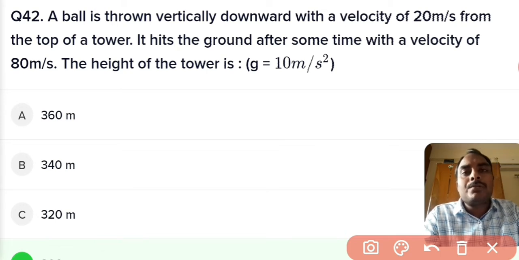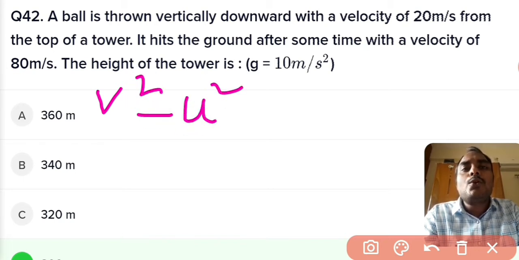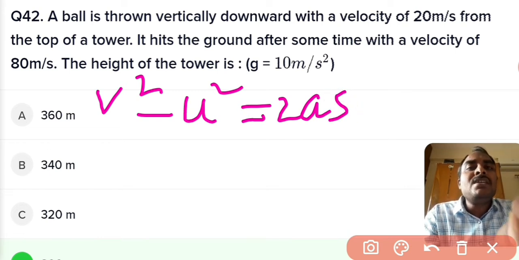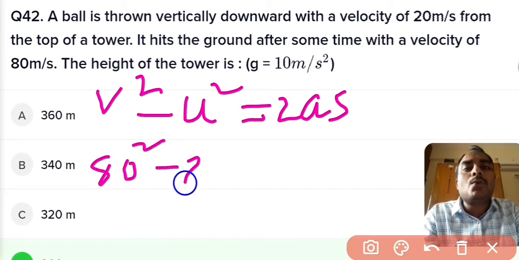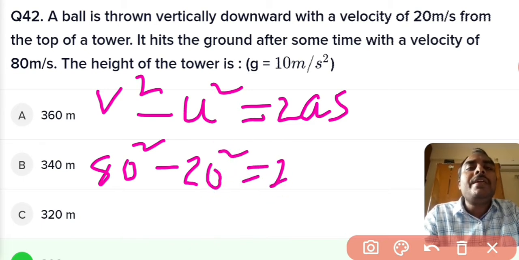It is thrown downward. So we can use the formula v square minus u square equal to 2as. In this formula, v is given 80, so 80 square, minus u is the given initial velocity 20, so 20 square, equal to 2 into a, the acceleration.